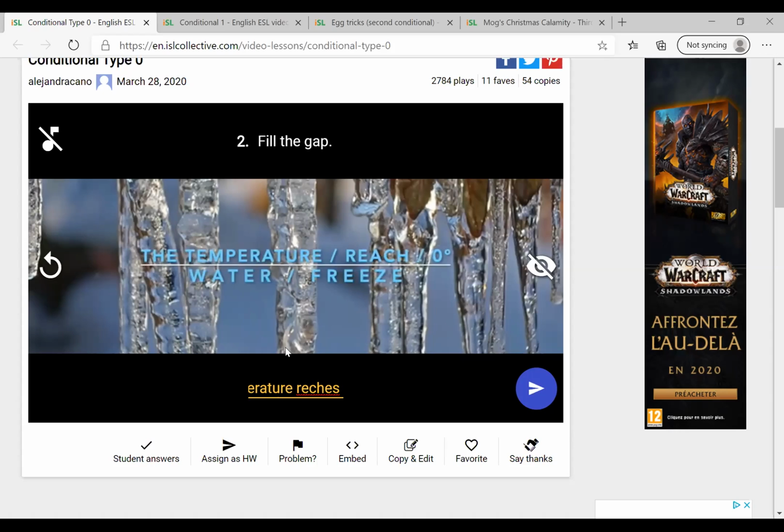Reaches 0 degrees, the water freezes. Good. Very good. So the verb here, important verb, freezes.